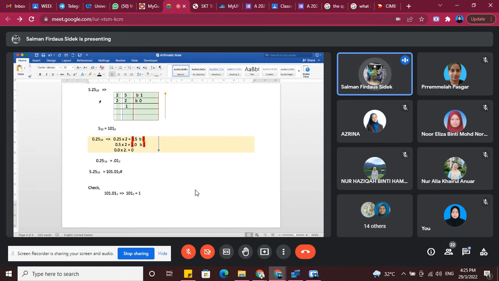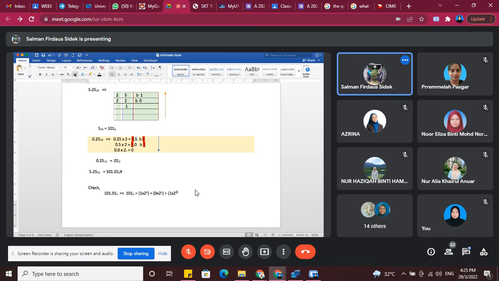Kalau binary kepada decimal kita guna kaedah darab: 1 kali 2 kuasa 2 tambah 0 kali 2 kuasa 1 tambah 1 kali 2 kuasa 0.